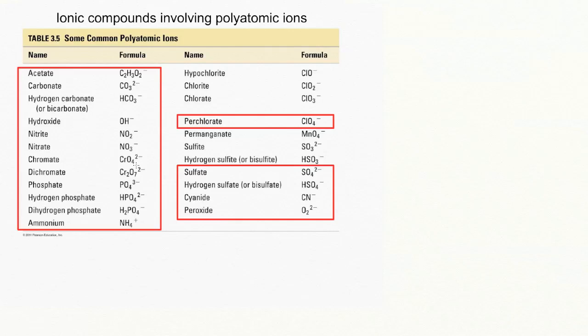This is a table from your textbook. These are the formula and the charges of those polyatomic ions. When we talk about the polyatomic ions, why do we write the formula like this? Okay, it's because, for instance, this chromate, the chromium and oxygen, they are binding with each other. So that's why we write the formula like this.